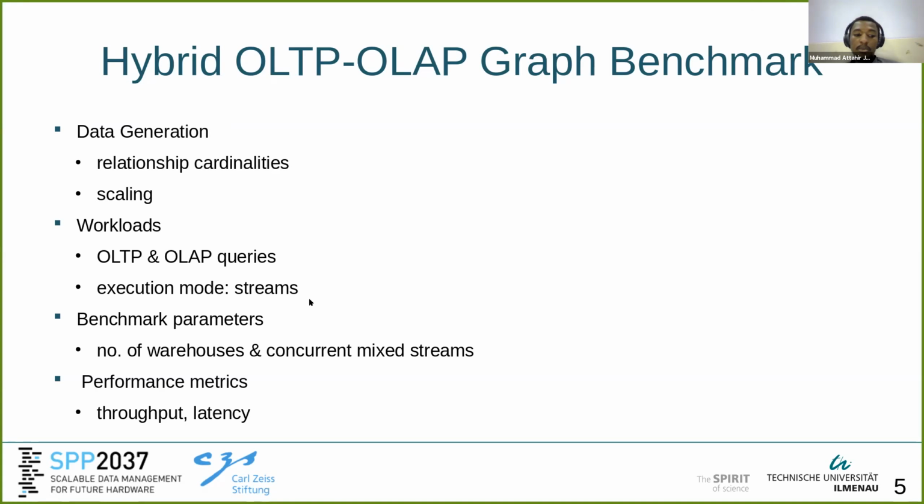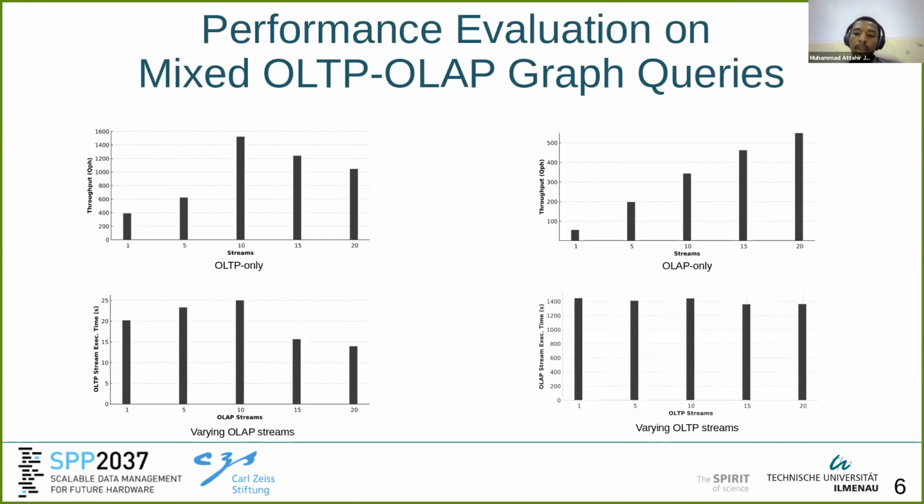For benchmark parameters, we started with the number of warehouses, because the TPCC is the base schema, and the number of concurrent mixed streams. For performance metrics, at the moment, we just considered throughput and latency. So this is preliminary.